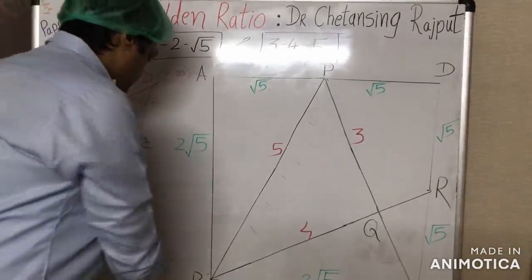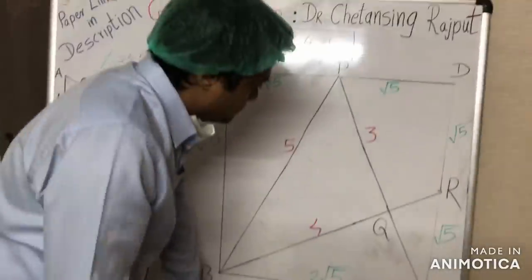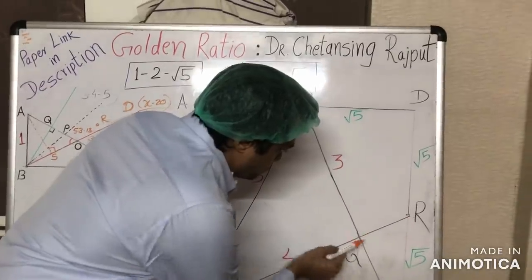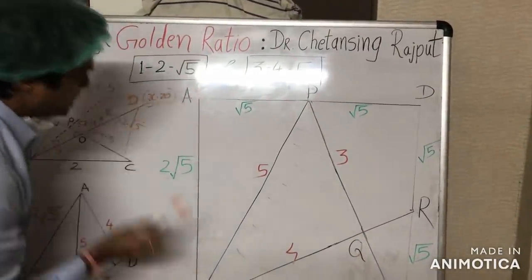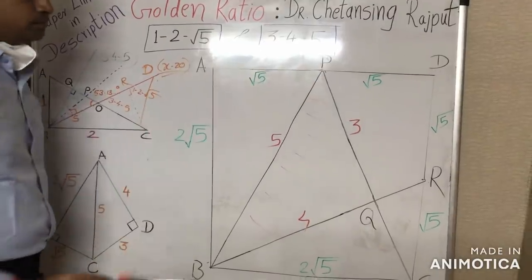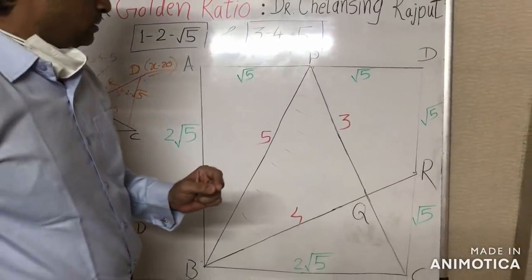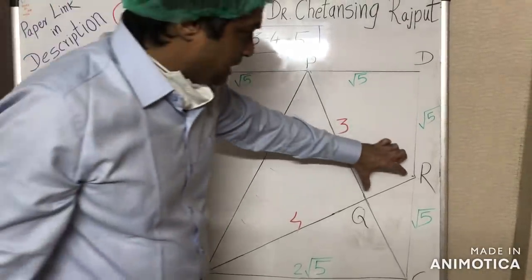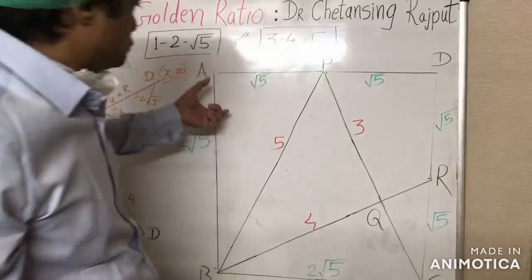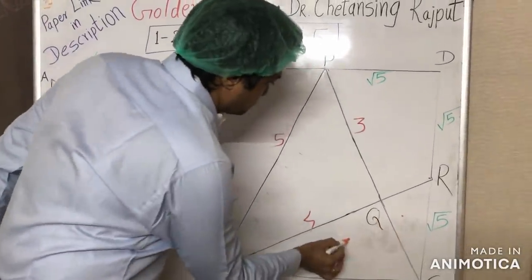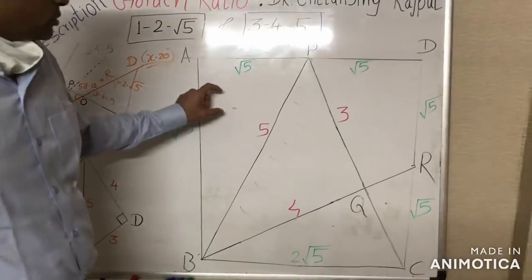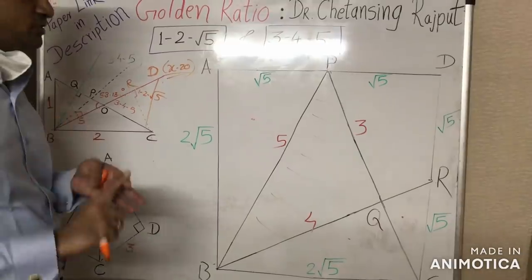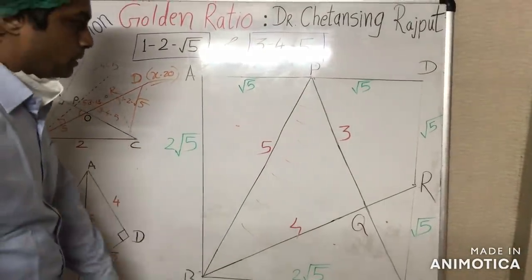Another interesting thing: consider these 3 triangles, 1, 2, root 5 triangles like CRQ, CQB and ABP. Their side lengths are in specific proportion with each other, and because of that, also their perimeters, semi-perimeters, inradii and exradii are all in specific proportion with each other.